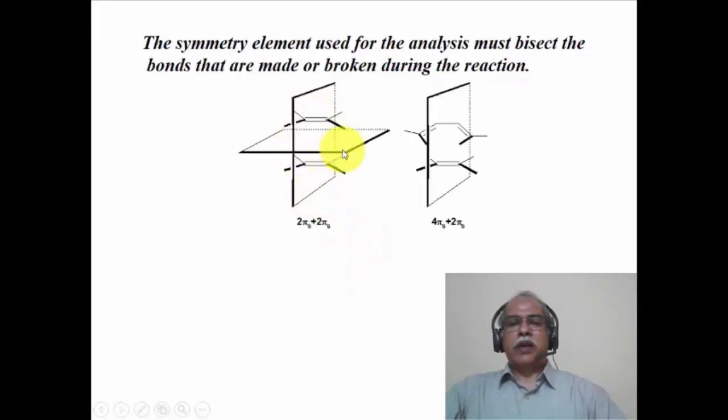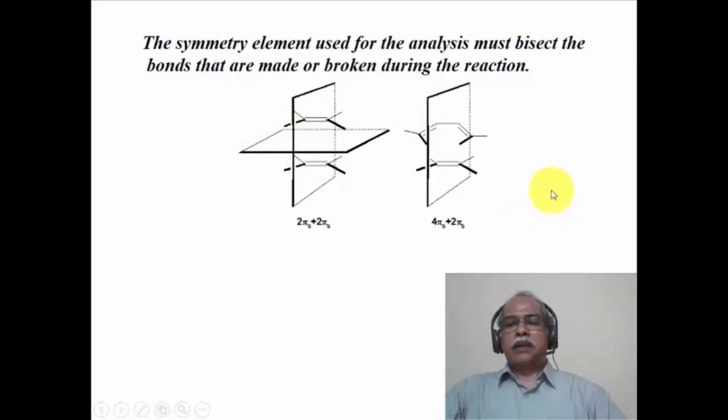So these are the two sigma planes present as symmetry elements in this particular system. One symmetry element, the vertical plane of symmetry, essentially bisects the pi bonds of the starting material, and the horizontal plane of symmetry, once you consider cyclobutane as the product, bisects the sigma bonds of the cyclobutane in a horizontal manner.